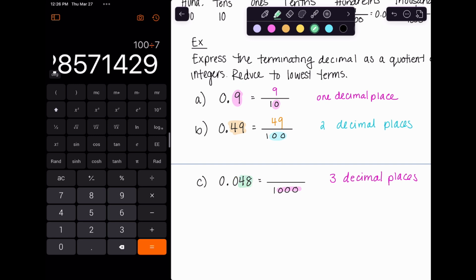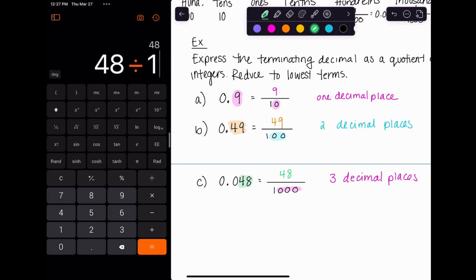The 0 is not significant, so I'm really just going to take 48 and divide it by 1,000. And to show you, 48 divided by 1,000 is indeed 0.048. Now, unfortunately, this 48 and 1,000 are both even numbers, so this I can actually simplify.